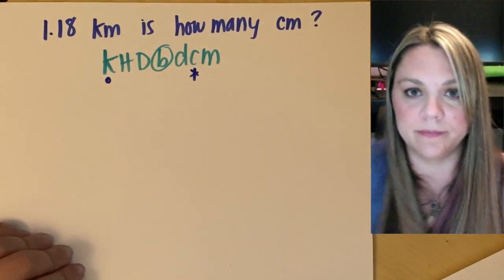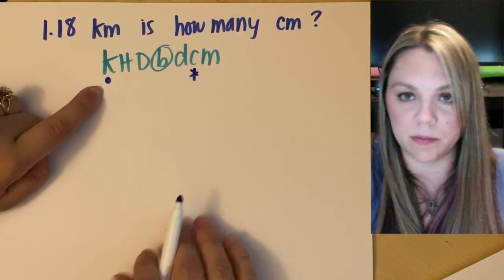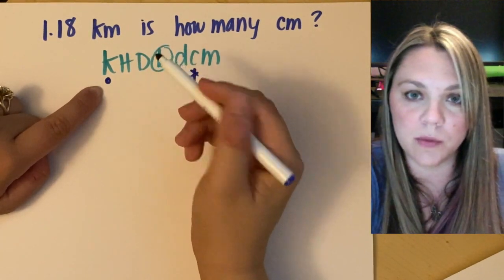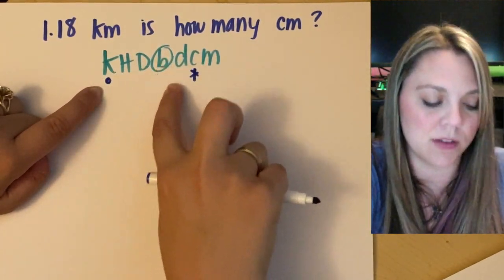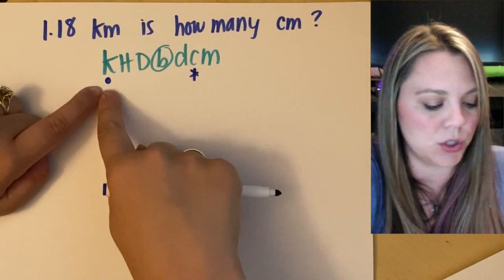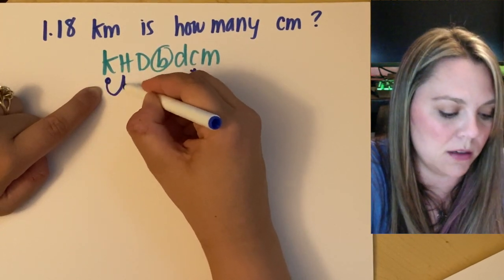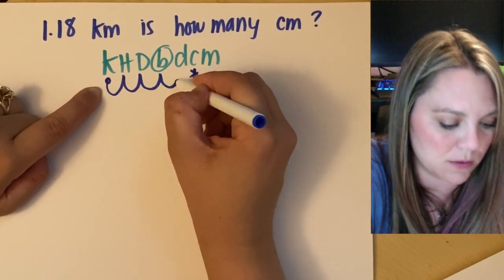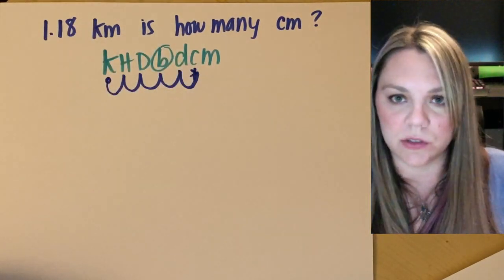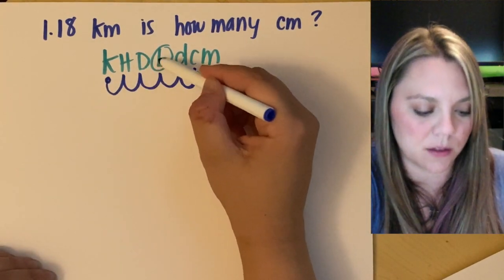Here's my goal. Now I look at what happens to my decimal. I like to put a dot because in my mind it's my decimal. Because this is base 10, every time I move my decimal, it's like I'm multiplying by 10. It just shows me how many places I move my decimal. So I'm going to move my decimal 1, 2, 3, 4, 5 times to get to my target prefix. You literally just hit those letters.